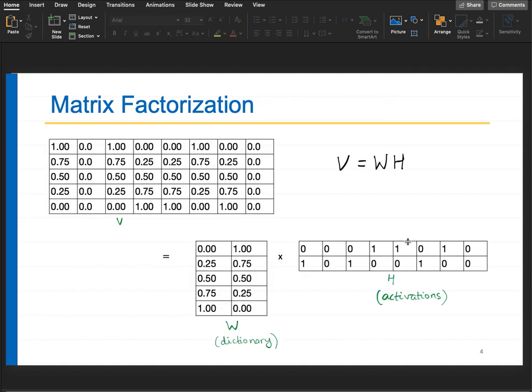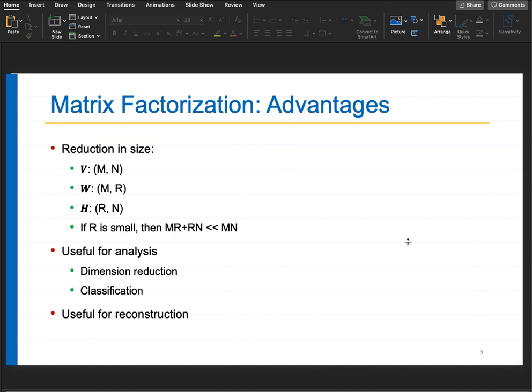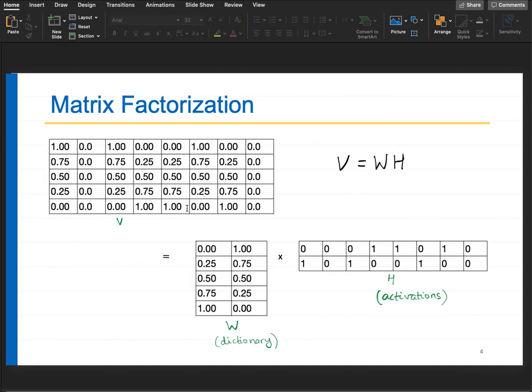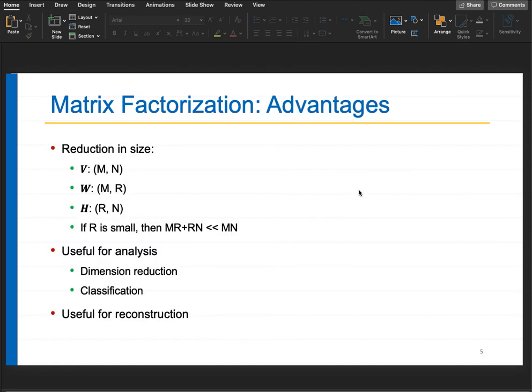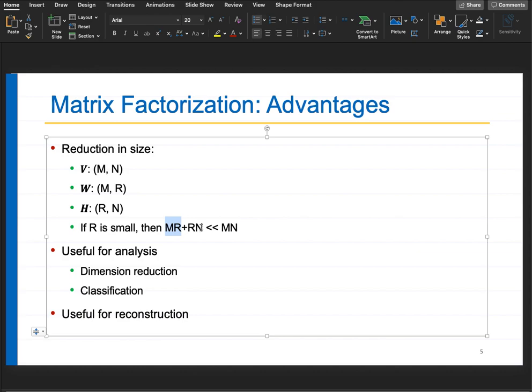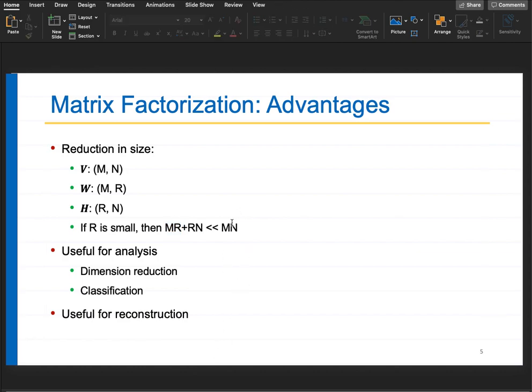So in this case, R is 2 here. The total data size in the WH representation is m into R plus R into n, which should be smaller than m into n. If that happens, then you get a significant reduction in the data size, right?